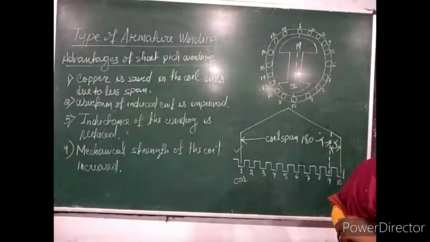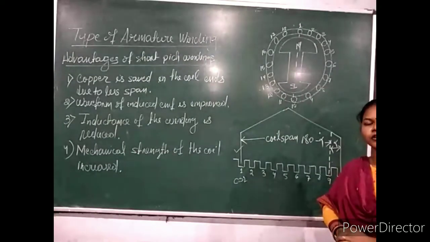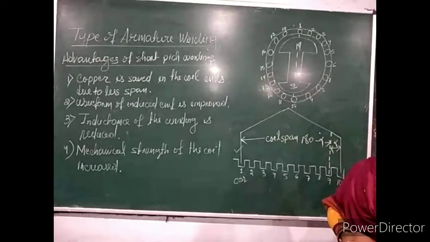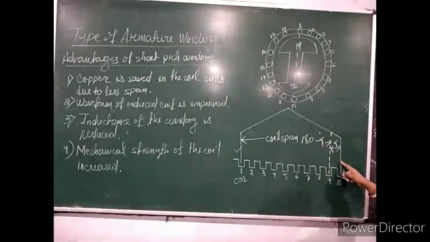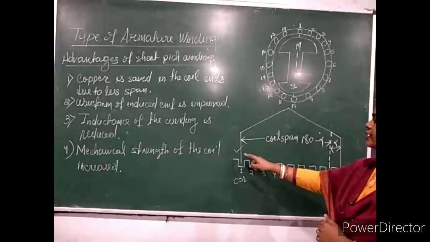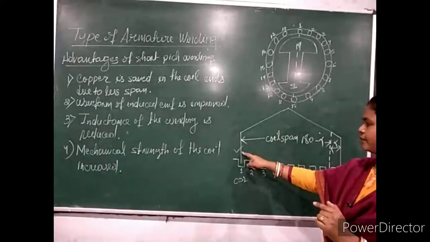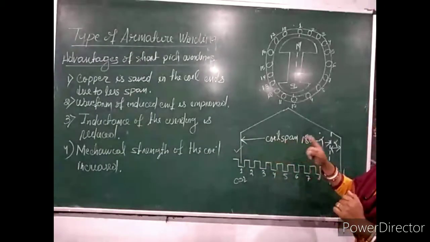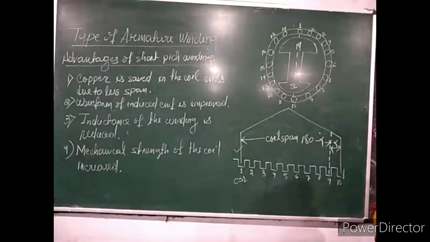In full pitch winding, you see that the resultant EMF is the algebraic sum of EMF of two coil sides, that is coil side 1 and coil side 2. But in short pitch coil, the resultant EMF is the vector sum of EMF of coil side 1 and coil side 2.